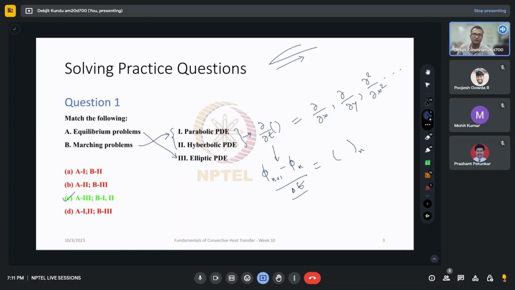And elliptic PDEs are basically boundary value problems, and usually they are for stable systems where you have, one good example is the Laplace equation. So del squared phi by del x squared plus del squared phi by del y squared equal to 0.